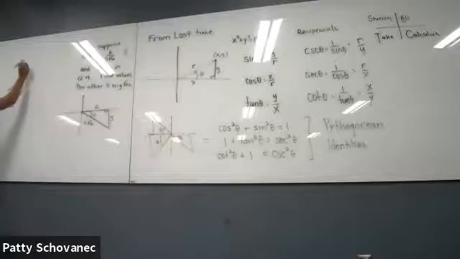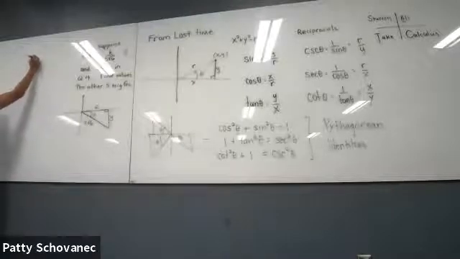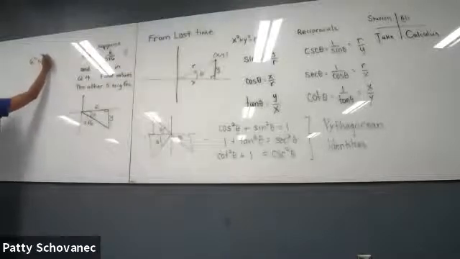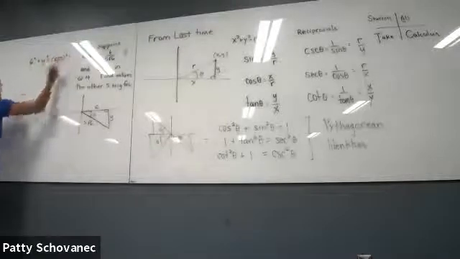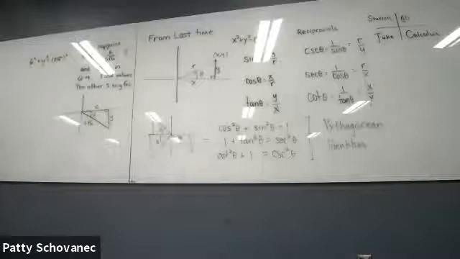Okay, so this time we have 6 squared plus y squared is 5 square root of 6 squared. So I have 36 plus y squared, and this was 25 times 6. Let's see, 4 times 25 is 100, so 6 times 25 would be 150.